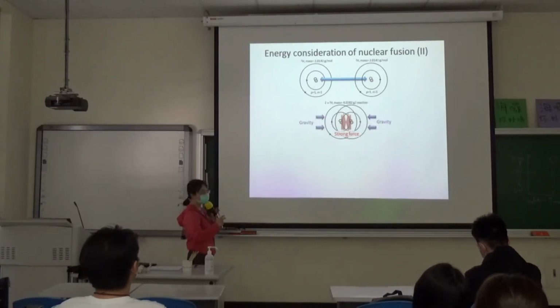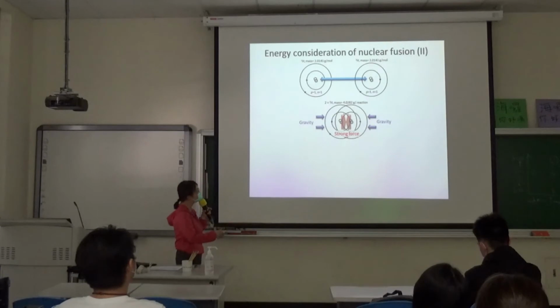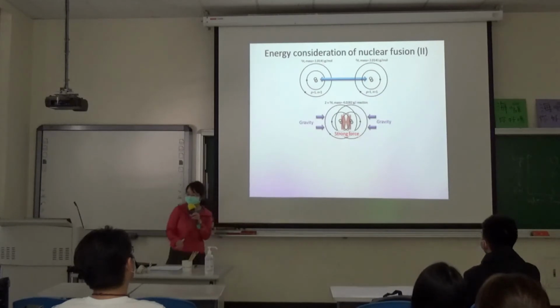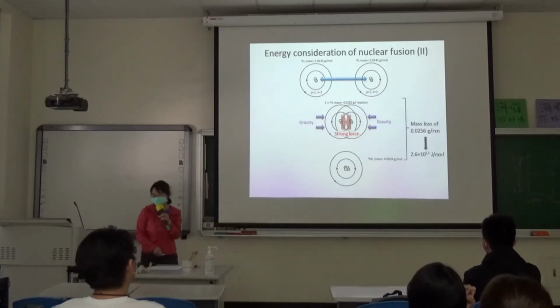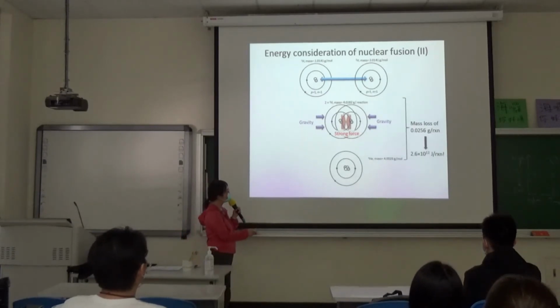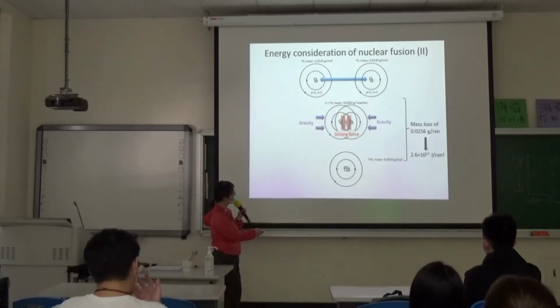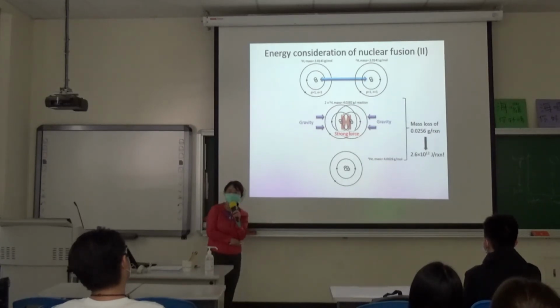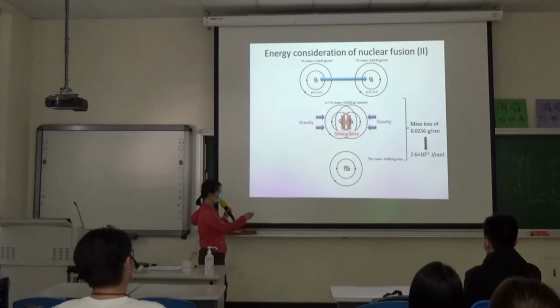So the two atoms are closer to each other, and at some point, when they are close enough, the strong force kicks in, and then helium forms. And helium has a mass of only 4.0026. It's lower than the mass of 2 times 2 hydrogen atom. So there's a loss of mass. So yes, check.